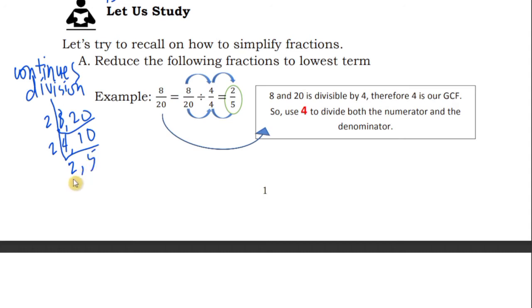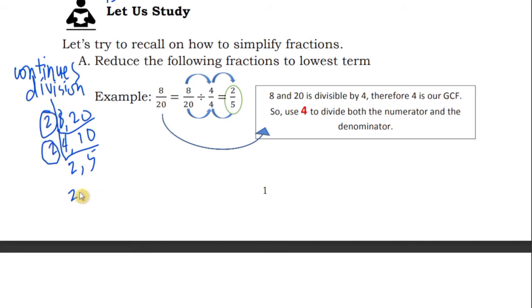We could still collect another number aside from 1, since 2 and 5 are divisible by 1, but we could just ignore the 1 there. For continuous division, we find any number that is a common divisor of the two or more numbers. So we have here 2 and another 2.